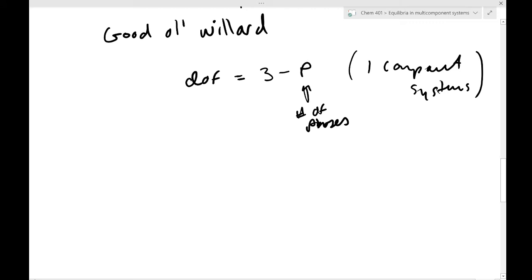This relationship is only true for one component systems, but it begins to answer a very important question: the degrees of freedom, or the number of pieces of information you need to define a system, is dependent on the number of phases. However, it turns out that it's also dependent on the number of components.